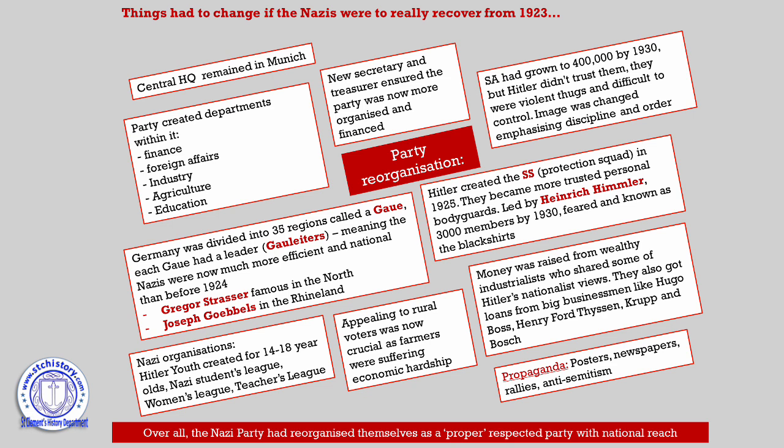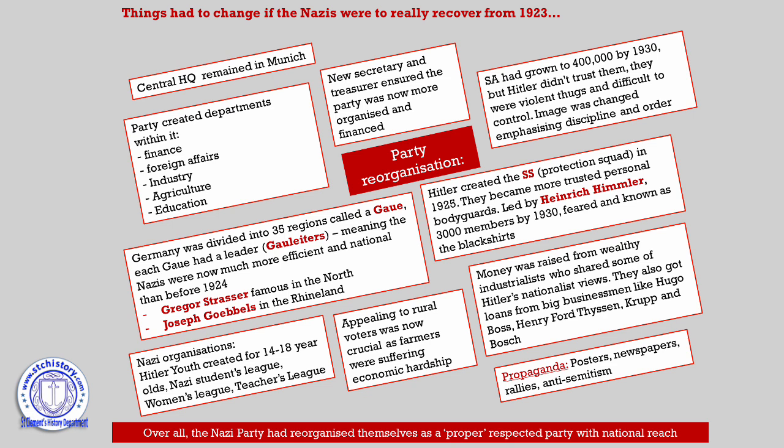that you think will help them going forward to become the government. For me, I feel like the money from the industrialists, so Hugo Boss, Thyssen, Krupp, and Bosch, are really important because they are going to fund the Nazi Party's propaganda campaign. They're going to fund all of this new organised party, headquarters, newspapers, branding, all of it. So that for me would be in my top three, probably number one in this little task that I'm asking you to do.